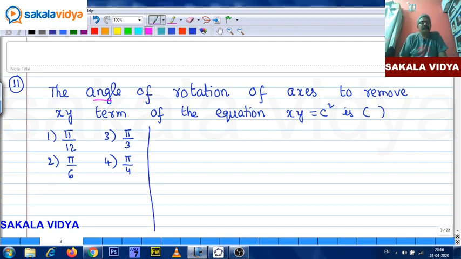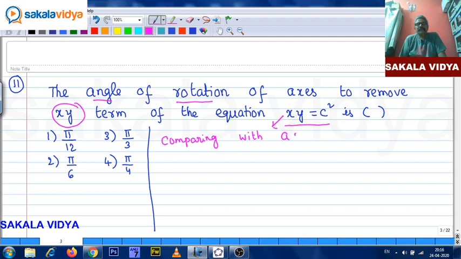The angle of rotation of axis to remove the second degree term from the equation xy is equal to c square. Now, comparing with ax square plus 2hxy plus by square is equal to some constant.